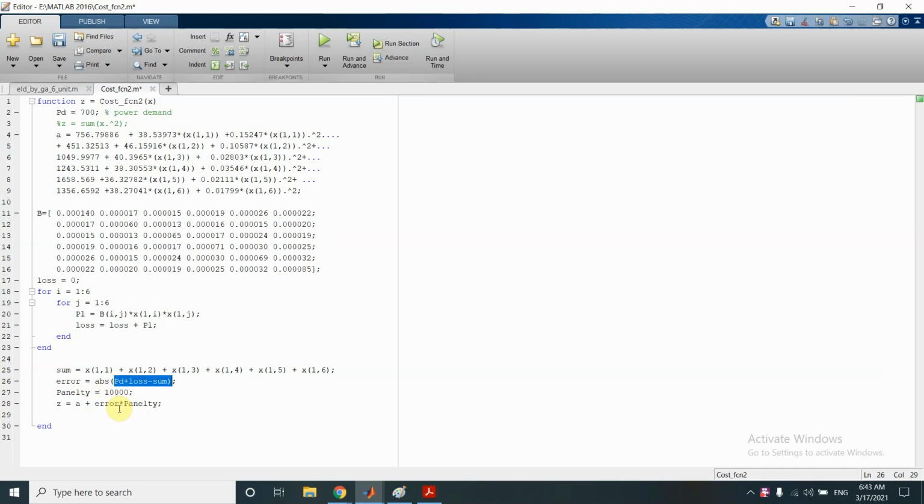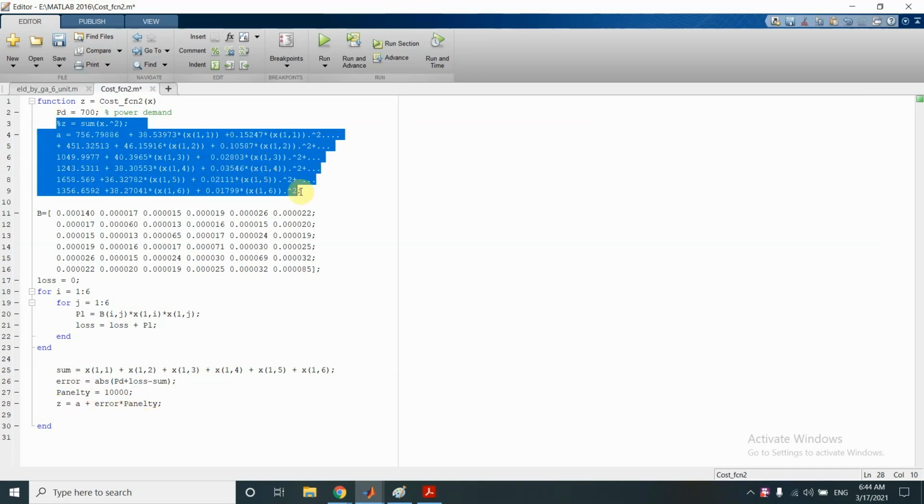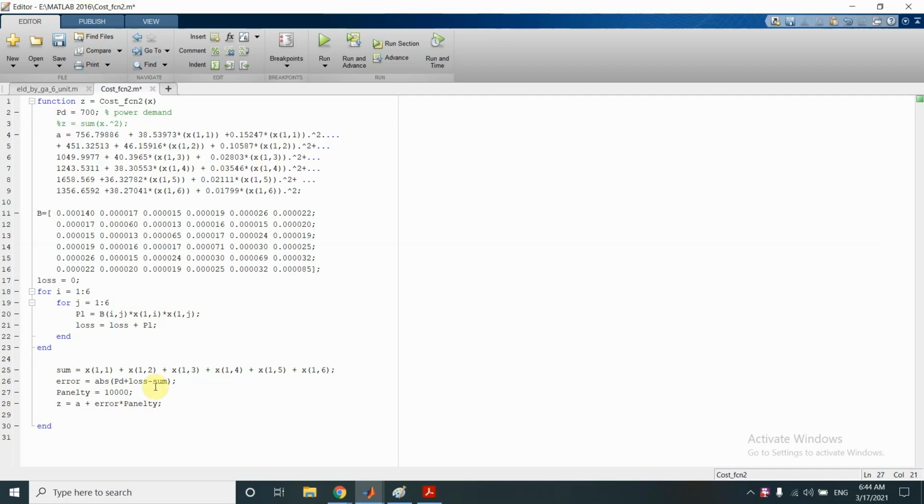This would mean that if constraint is satisfied, that is this is indeed equal to 0, then error would be 0 and error into penalty would be 0 and z would simply be equal to a, that is cost of this generating unit. But if the constraint is violated, then we are adding penalty to the cost.